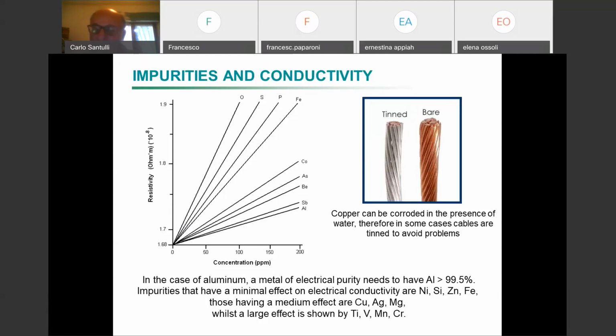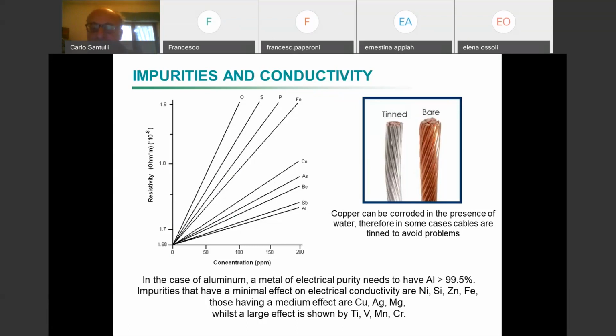There are alloys, we may discuss it later on if we have time, but the problem with the relation between copper and water, especially salt water and acid water, is difficult.